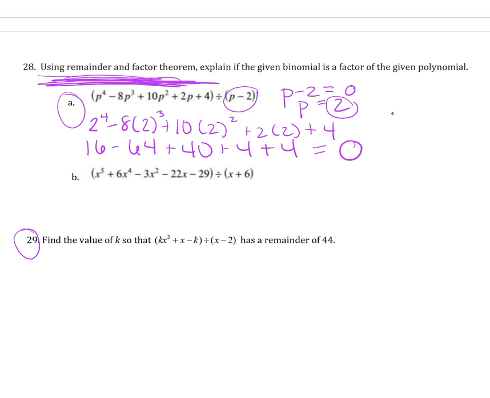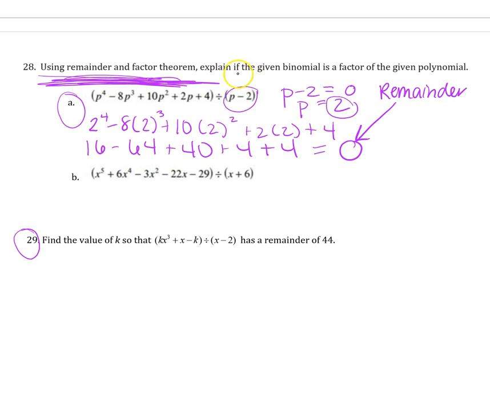Now remember, in the factor and remainder theorem, if you're plugging in the root of this binomial into this polynomial, so I'm plugging 2 in, this is the remainder. And if something is a factor of another polynomial, then the remainder would be 0 if you did the division. So this is just a really good shortcut instead of actually dividing and seeing, does it divide in, does it not, and so forth. So you can plug that in.